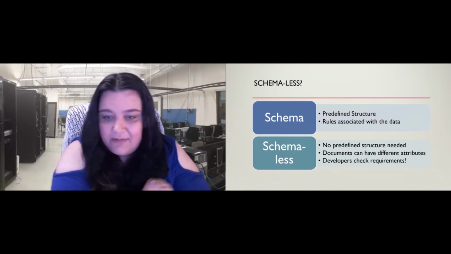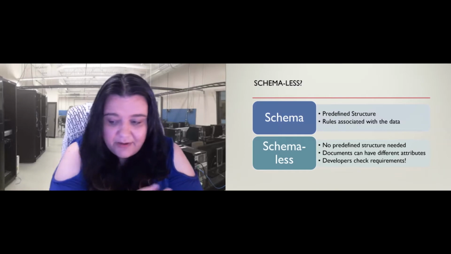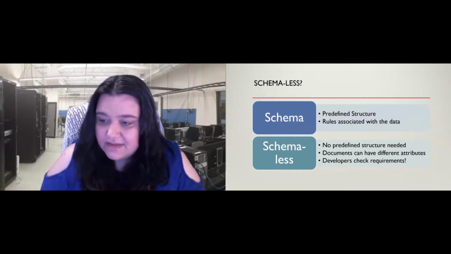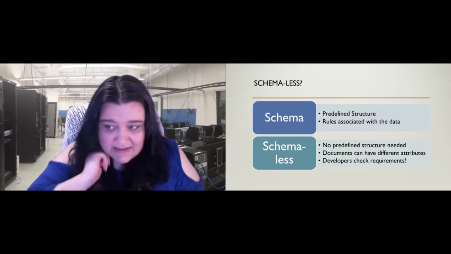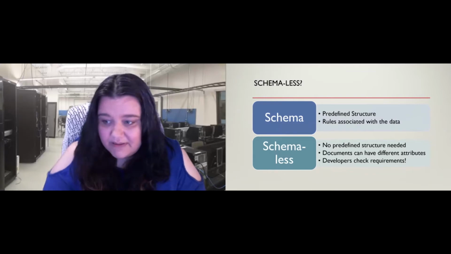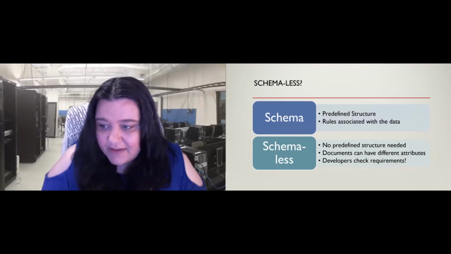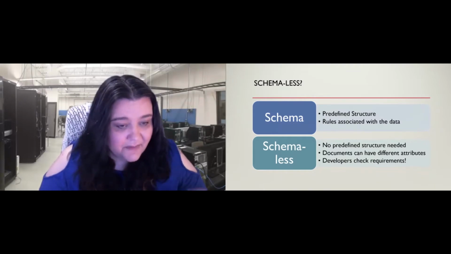So whether they can be blank, what the structure is, and if they're required or not. Whereas schemaless does not necessarily have a predefined structure. And if it does, it can be molded and has a greater flexibility for change later on because documents can have different attributes.